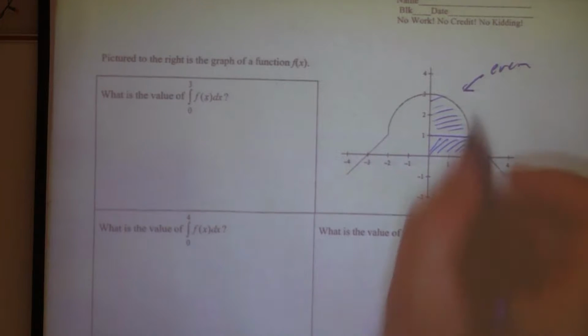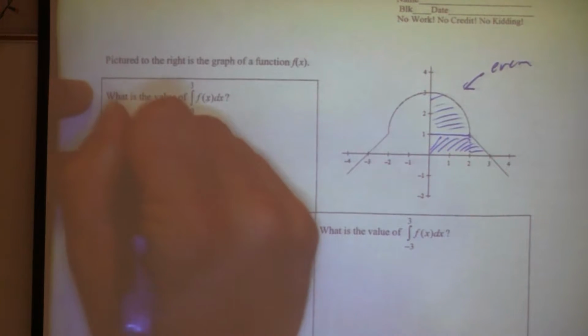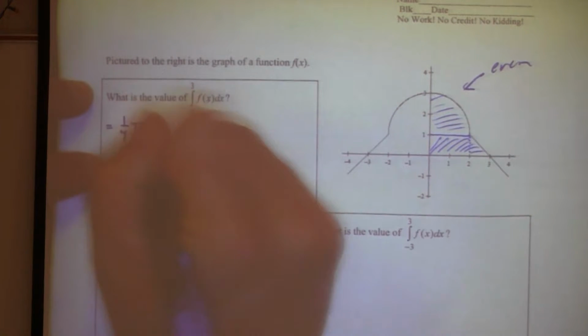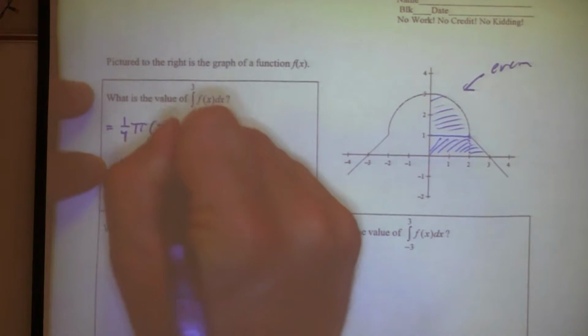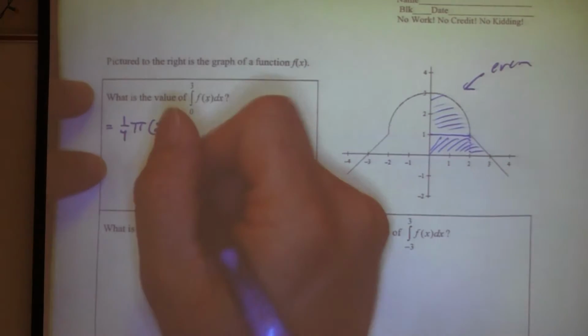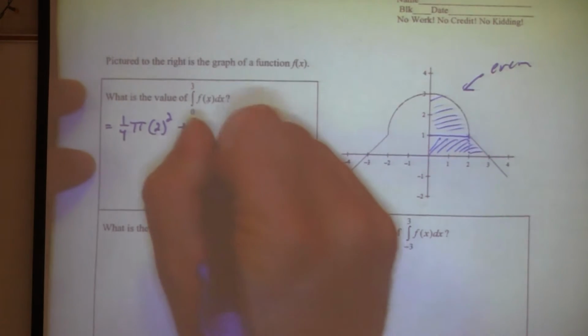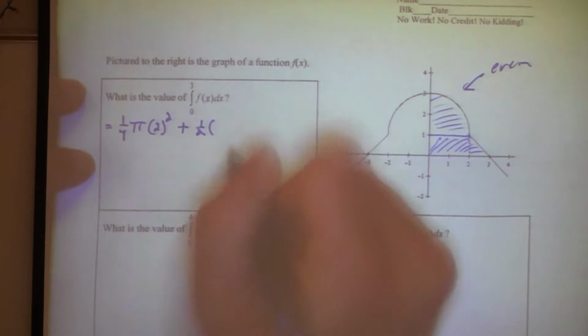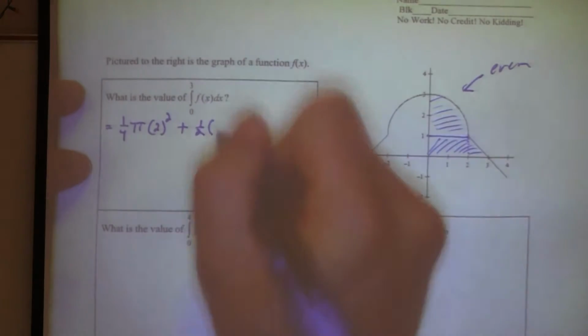Okay, so this is how much of a circle you said? 1/4, okay, so how do I find the area of a circle? Pi r squared, so we're gonna end up with 1/4 times pi. What's r in this problem? 2, right, that would be the radius. Okay. Plus, what's the area of this trapezoid? 1/2. What's the height? 1.